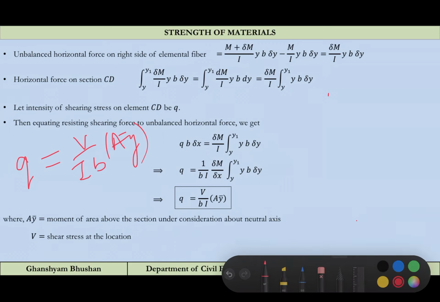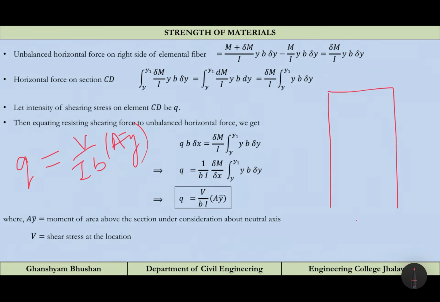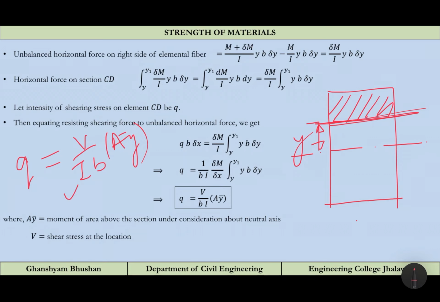So what are these terms? Let us say this is a rectangular section, this is your neutral axis, and we want to calculate the shearing stress at this location. V will be the shear force at that location, I will be the moment of inertia of the whole section, and b is the width of that particular section.